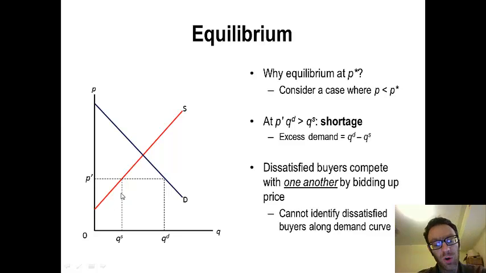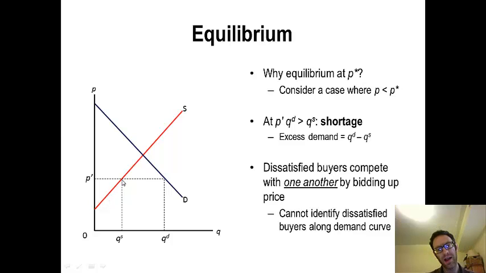Now we have a shortage, or excess demand, meaning there's more demand relative to supply. In the case of a shortage, buyers are going to find themselves dissatisfied, because the quantity demanded along this demand curve exceeds the quantity supplied along this portion of the supply curve.